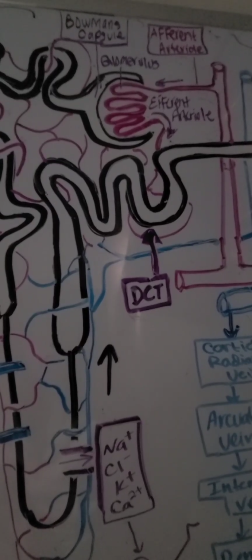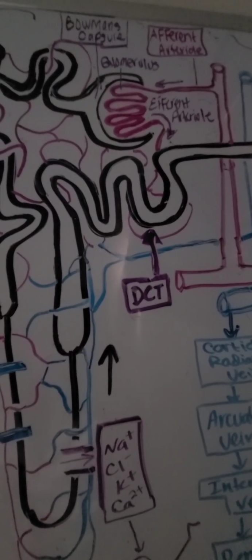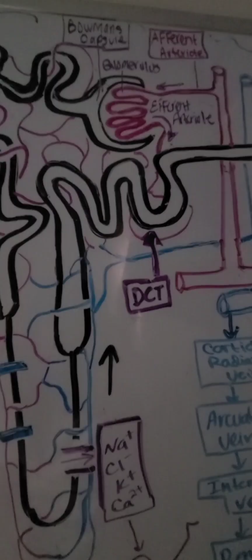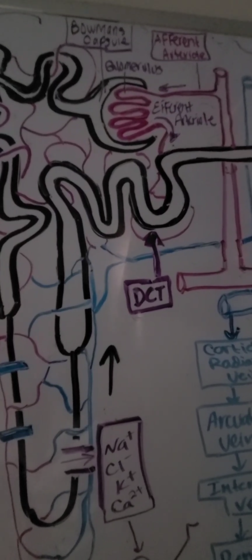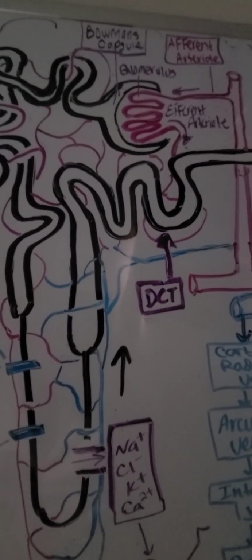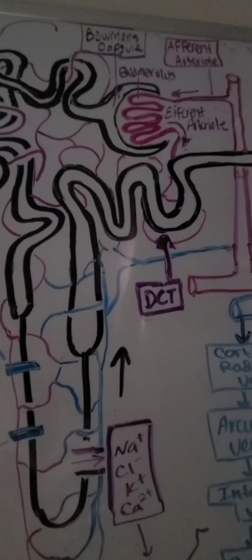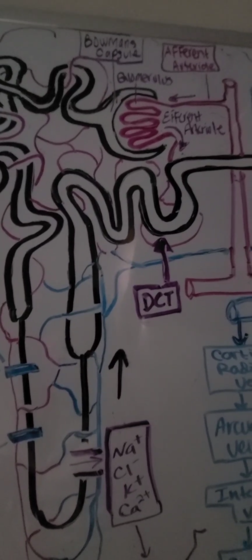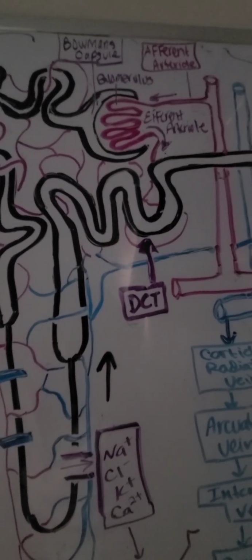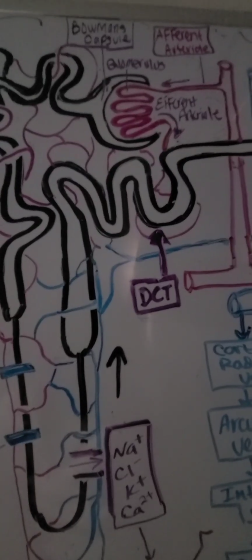Angiotensin 2 is a potent vasoconstrictor, so it constricts the blood vessels and increases blood pressure. And as well, angiotensin 2 will also stimulate the adrenal cortex to release aldosterone, which signals the kidneys to retain salt and thus retain water.